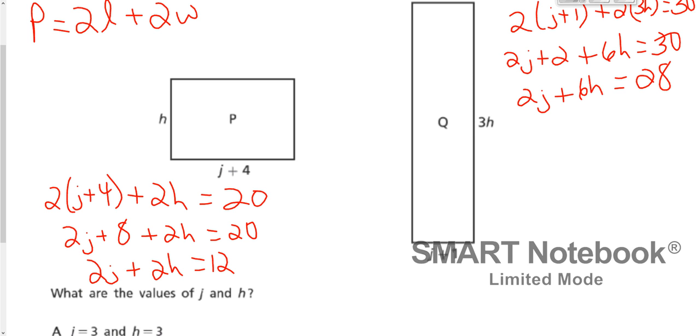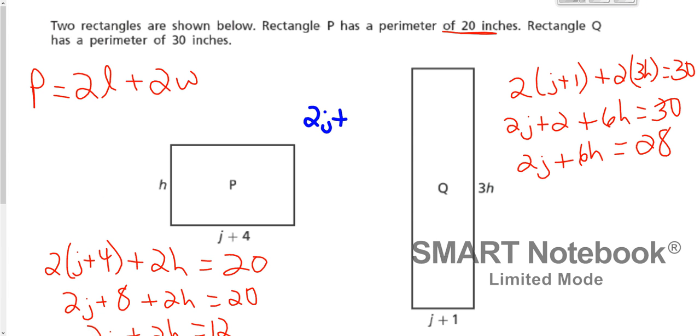So now I have two equations. The good thing about these two equations is they line up perfectly with each other. So if I write them on top of each other, I can see that they're all lined up.